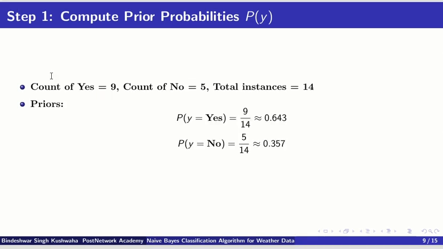Now we will calculate priors. So probability of y equal to yes would be 9 upon 14, and that would be equal to 0.643, and probability of y equal to no, that is 5 upon 14, this is 0.357.